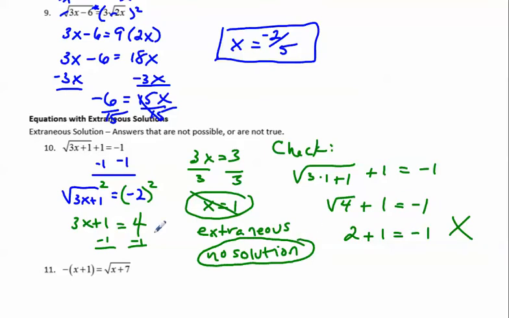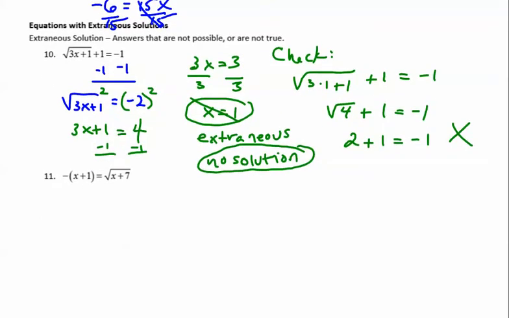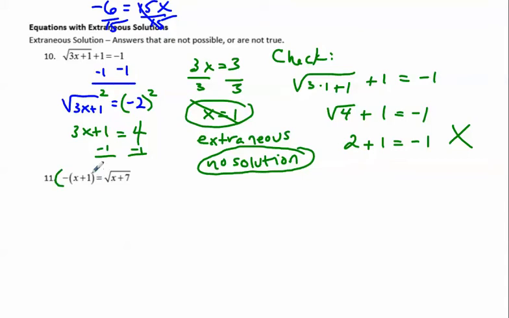All right, let's try 11. In 11, we're going to square both sides. So this goes away, and I get x plus 7. Let's see, when I square a negative, that turns positive, so I don't need to worry about the negative. So I have x plus 1 times x plus 1.